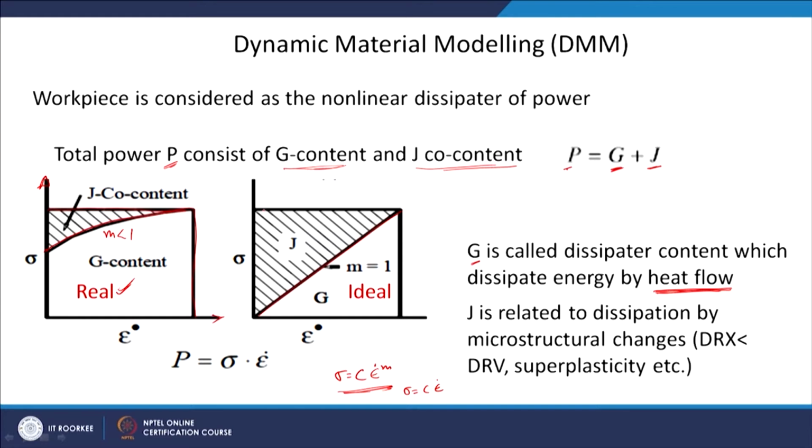So, if I have this kind of understanding, I should be able to say whether my system is working at good efficiency or not in terms of microstructural change. That is the idea of the DMM model. Okay.